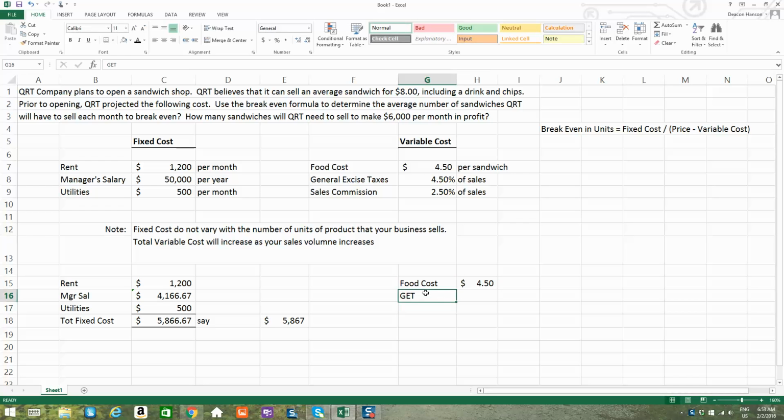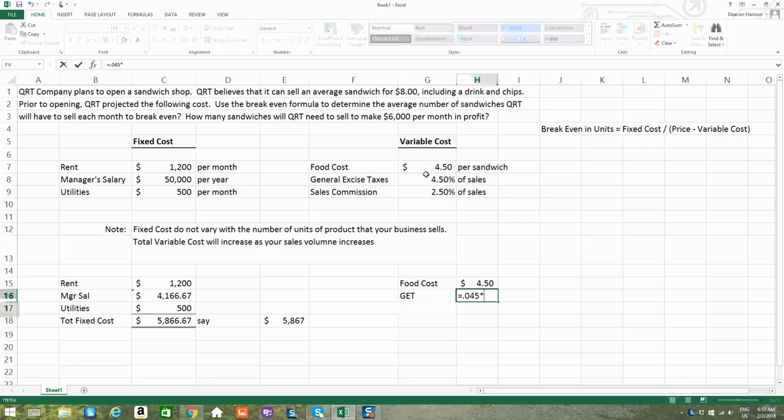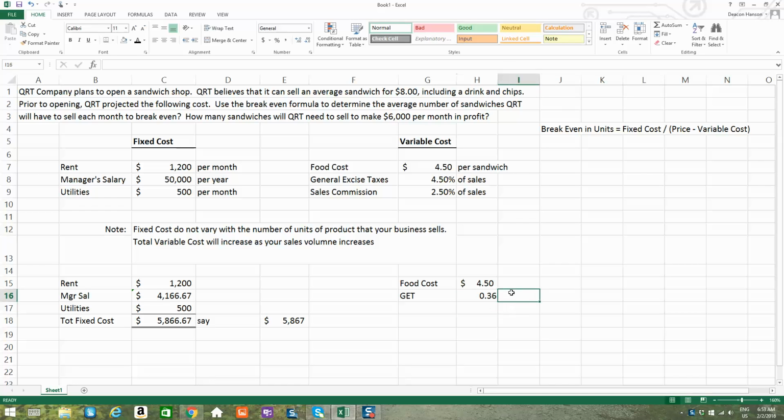Okay, so 36 cents. And let me put that in parentheses so you can see 4.5% times the $8 price. Okay, and then the same idea with commission. Right? We're going to have 2.5% times $8. So another 20 cents. And here you can see how I did that.